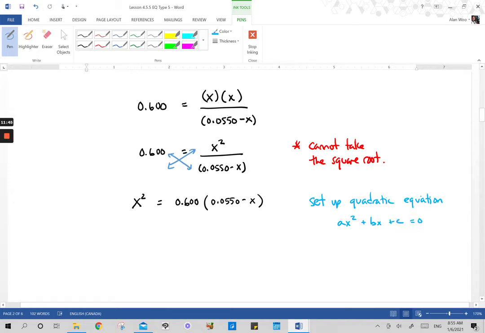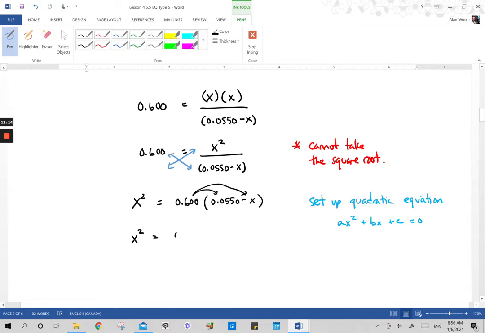Okay, so that's the format that we want to arrange our formula here. So what we have to do first, we have to distribute 0.6. So we have x squared equals 0.600 times 0.0550.